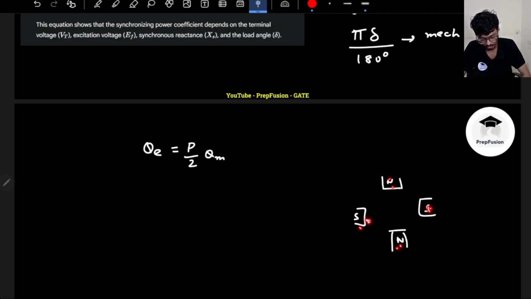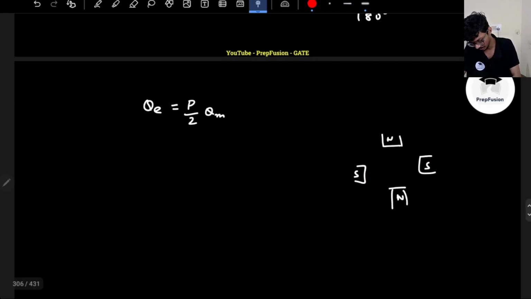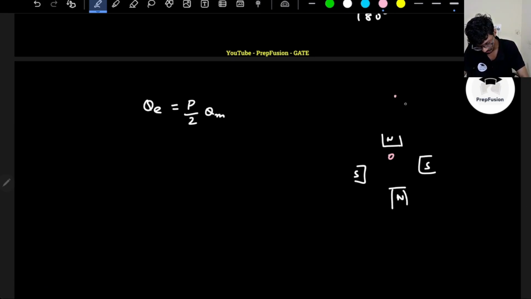If my conductor is here, initially the flux will be maximum positive, then when my conductor reaches here, the flux will be maximum negative.